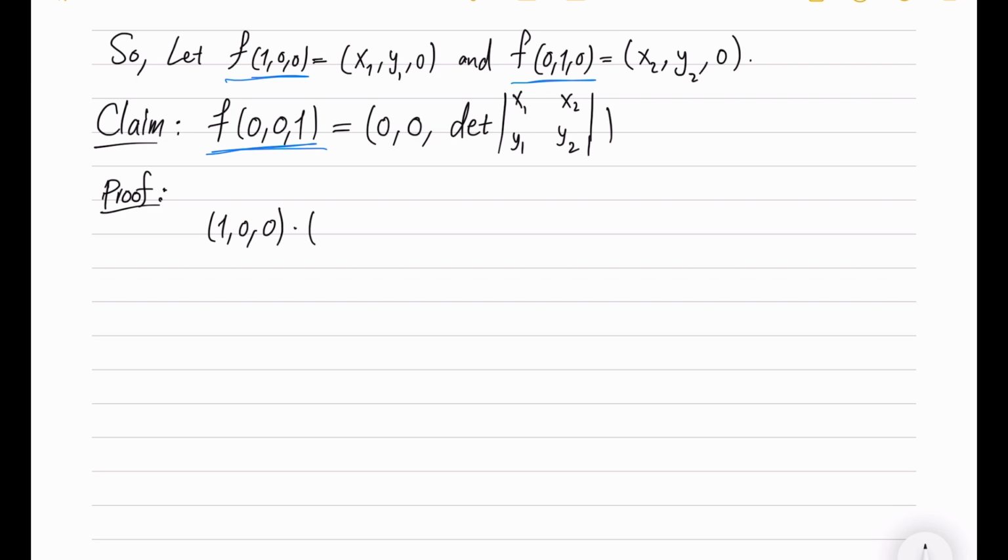If you multiply (1, 0, 0) by (0, 1, 0), if you follow the group multiplication, you will get (1, 1, minus 2).